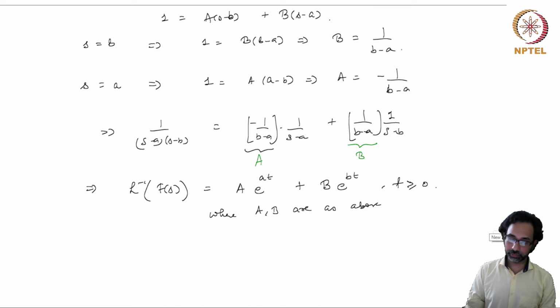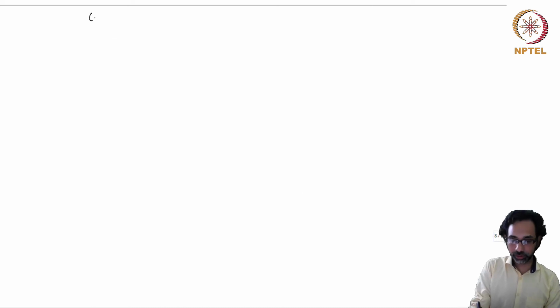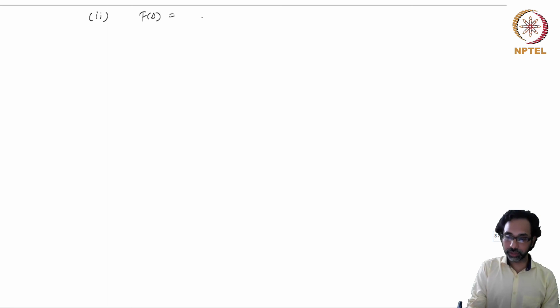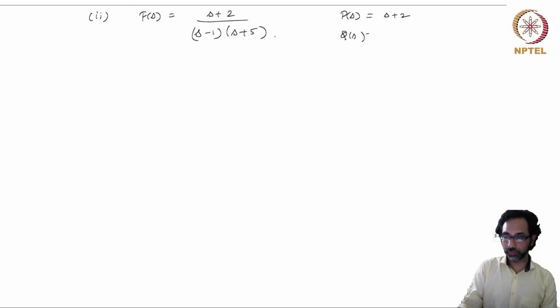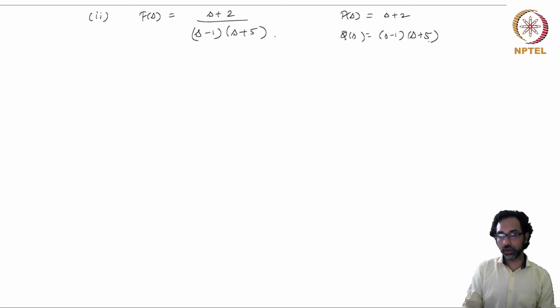Let's have another example where you can have something like (s plus 2) over (s minus 1) times (s plus 5). So here your P(s) is no longer a constant, and Q(s) is (s minus 1) times (s plus 5). So again you have only linear factors.